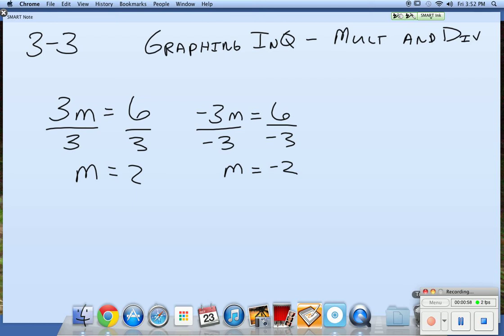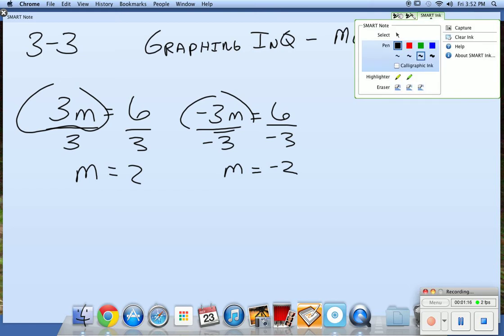Notice the difference. I don't have a negative on this one, but I do have a negative on this one here. There becomes the difference in what we're going to be doing with graphing inequalities with multiplication and division. Let me explain what I mean by that.